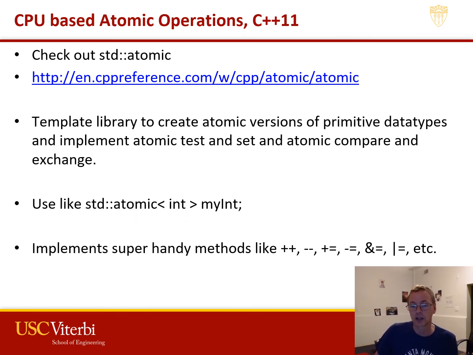So here I've just declared std::atomic, and it's a template, so we have to say what data type it is. I'll make it an int, and I'll call it myInt. Now, what does that do? What that means is if you do plus plus on it, or minus minus, or plus equals, a bunch of these instructions on that type, it will implement them in an atomic way.